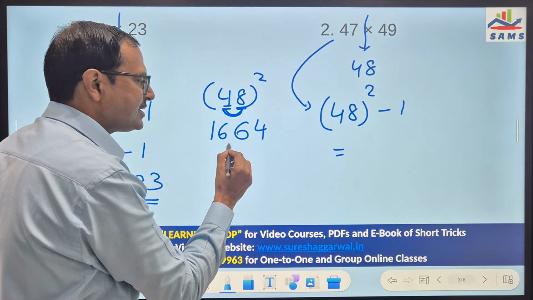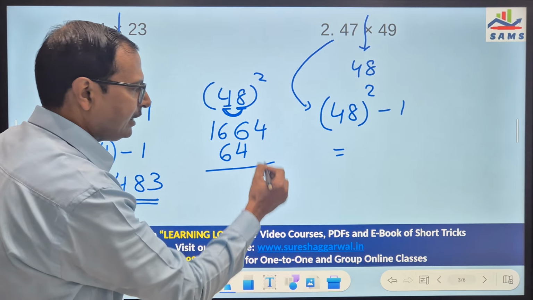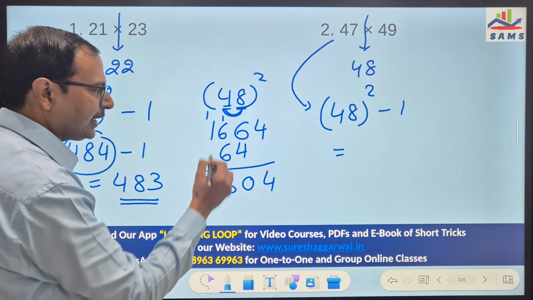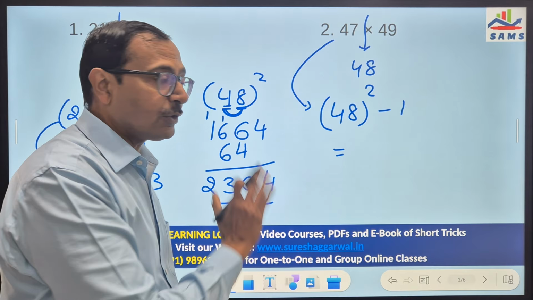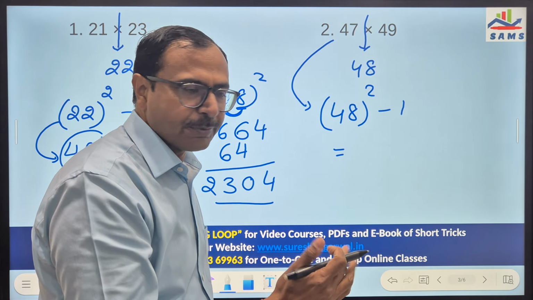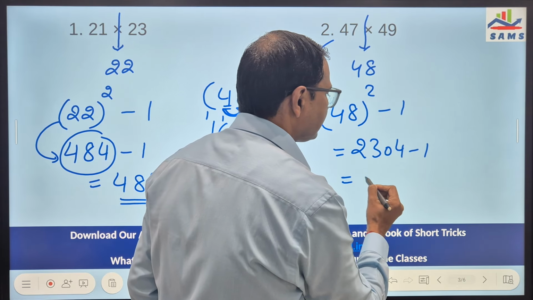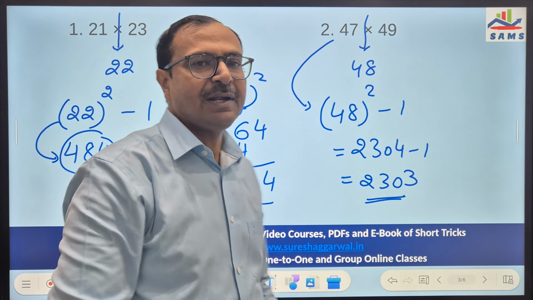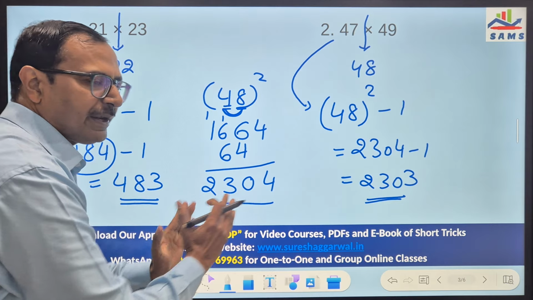Double of 32 is 64, which I have to write in the middle here, and then add vertically 4, 10 means 0, 1 carry. 13 means 3, 1 carry, and we have a 2. Now 2304 is the square of 48. Now this is the trick you have to adopt. So 2304 minus 1 gives 2303 as the product of 47 and 49. I hope you understand the squaring trick here.